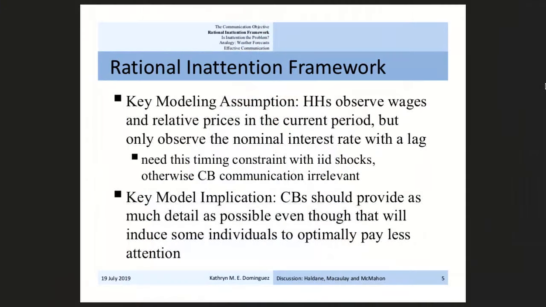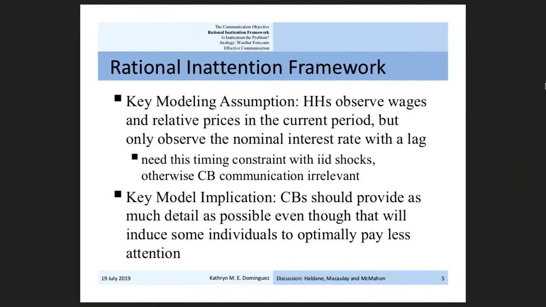So the rational inattention framework is one that is used a lot in monetary policy models. And in this particular case, there is an assumption that needs to be made for a good reason, but I worry about it. So there's an assumption in the model that households can observe wages and relative prices in the current period, but they can't observe the nominal interest rate.